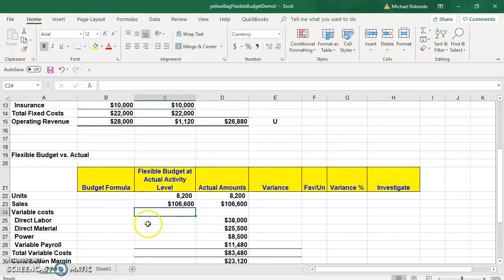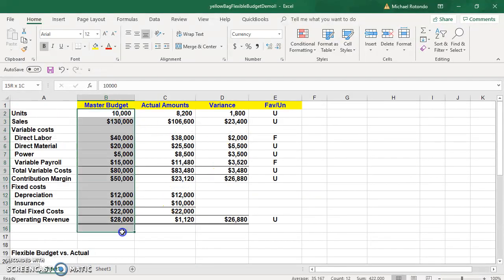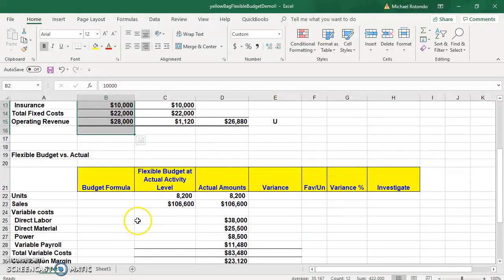Now, what we want to do is focus on the variable costs. So we're going to use what we call a budget formula. Your book calls it a standard cost, in order to figure out what these items should be at this flexible budget level of 8,200, which is the actual amount. Okay, and we have to use the master budget in order to do that.